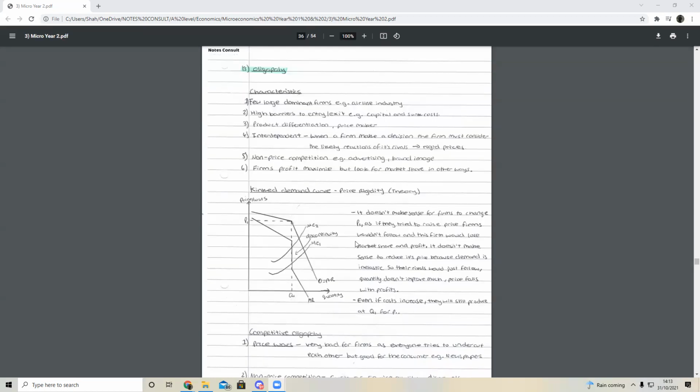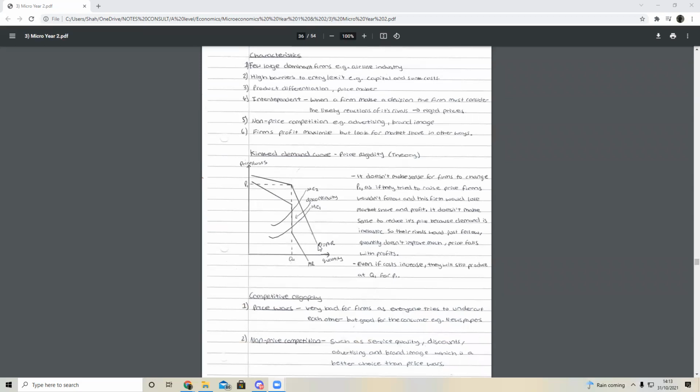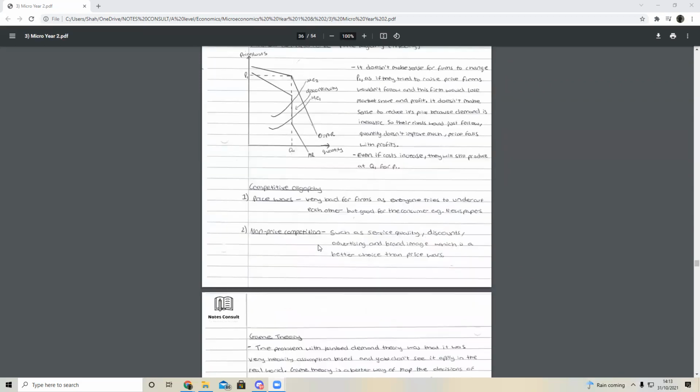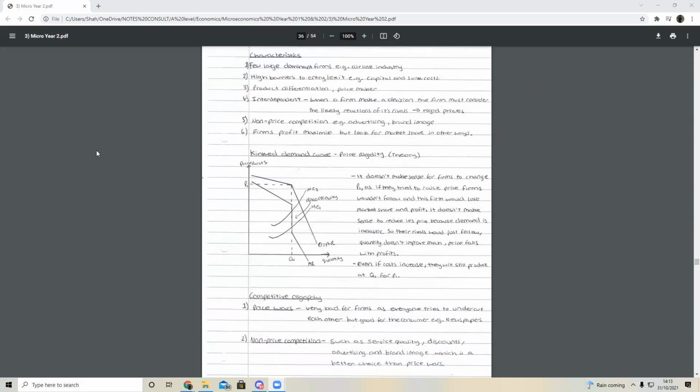So this is the kinked demand curve. I have a really good video on the kinked demand curve and game theory that I can show you. Is the basic outline that from the sticky price, if you increase the price, your revenue falls because it's elastic, and if you decrease the price, your revenue falls because it's inelastic? Yeah, basically.